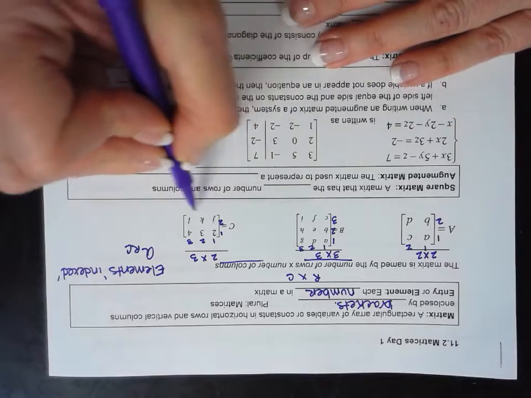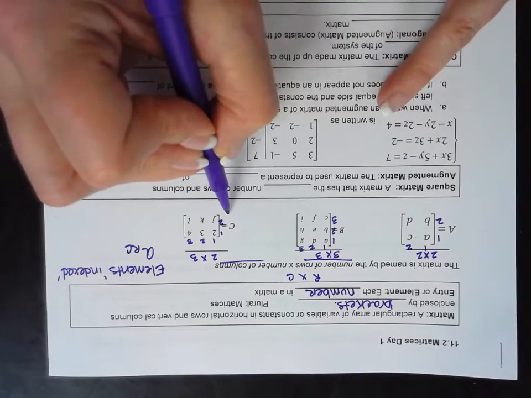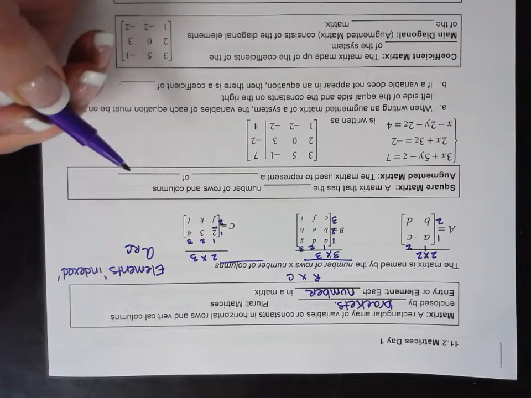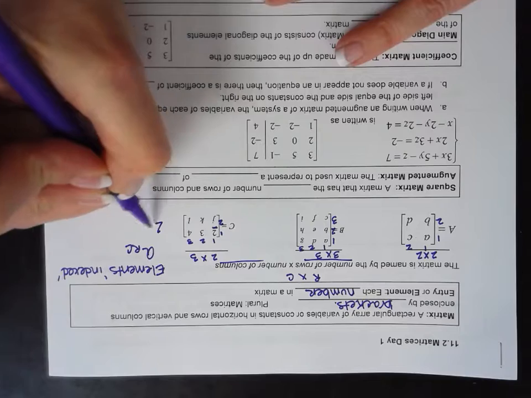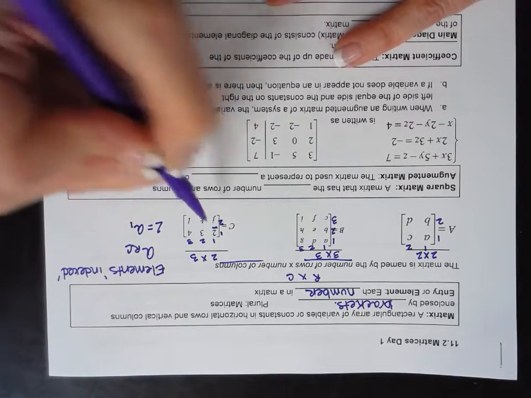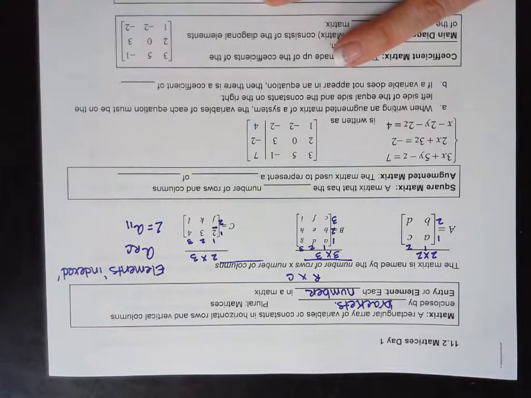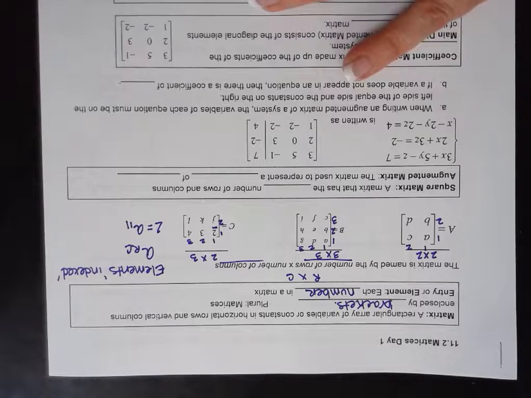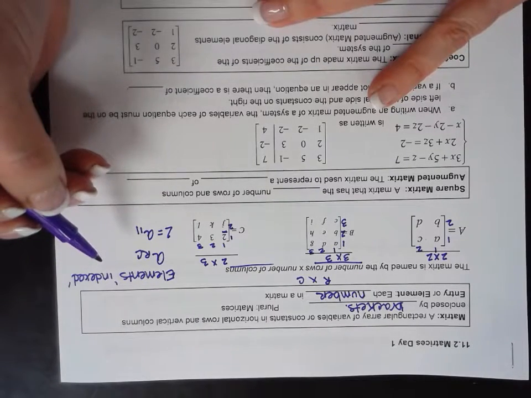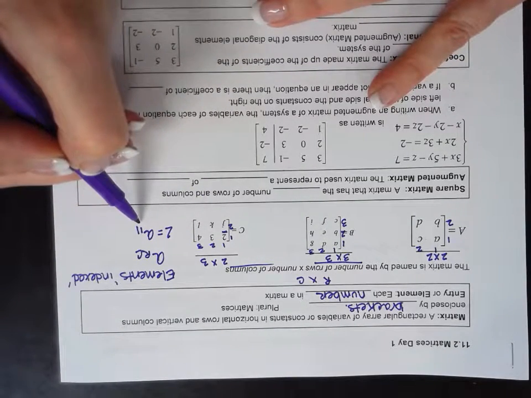So if I'm looking at matrix C and I ask what position the number 2 is in, that would be my element A, in row 1 and column 1, so it would be element 11. That's just the letter they pick for matrices. Honestly, you can pick anything.